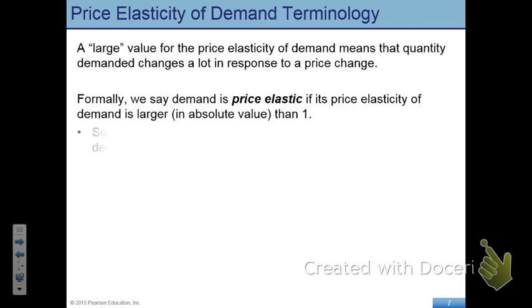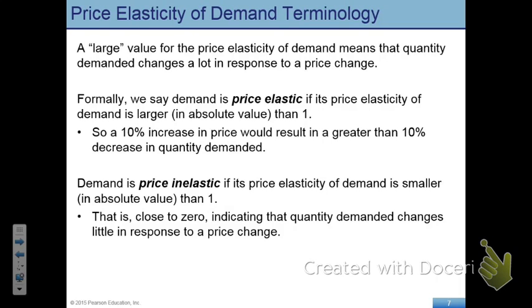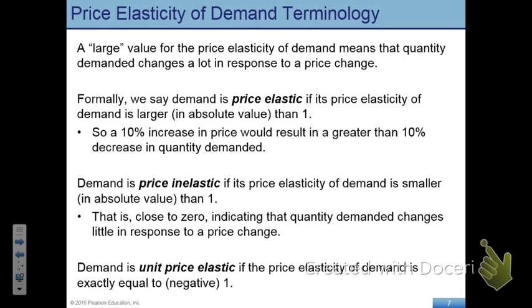We also talked about the idea that you can use a second formula, called the midpoint formula, in calculating price elasticity of demand. The basic idea behind the midpoint formula is that when you go from point A to point B versus point B to point A, sometimes the elasticity measurement varies, and we really don't like that.